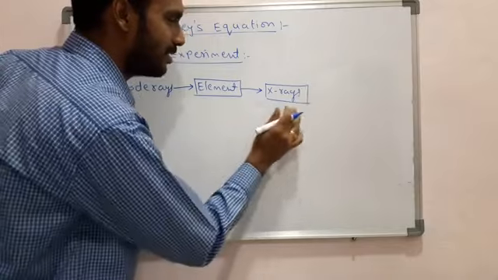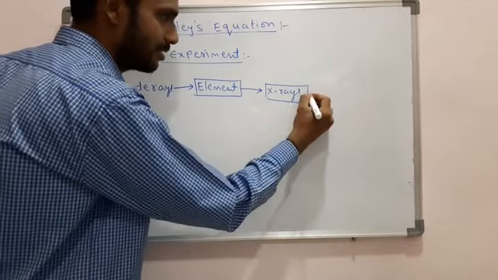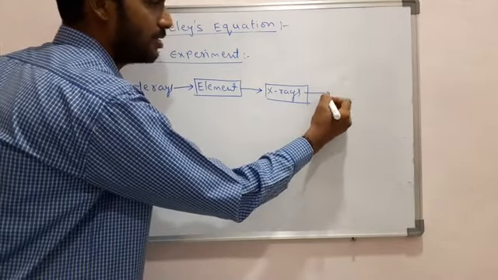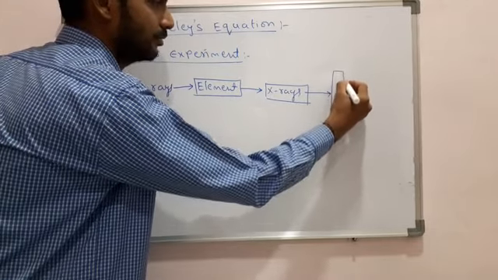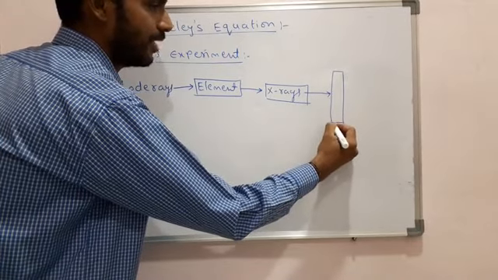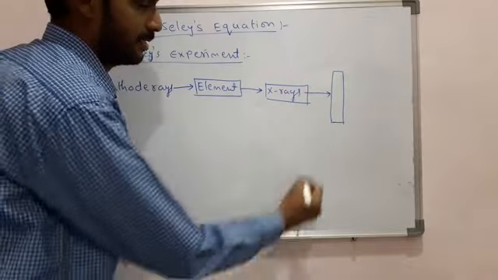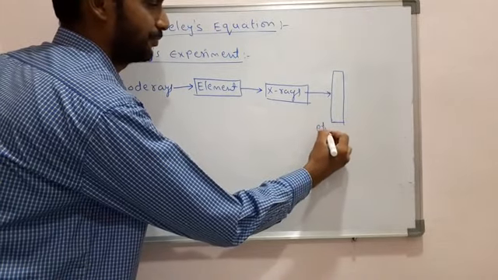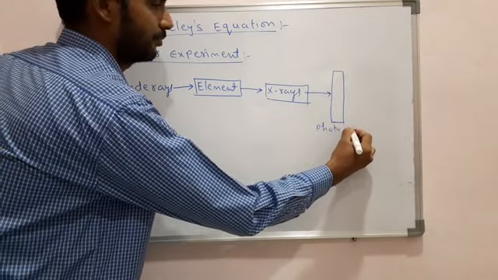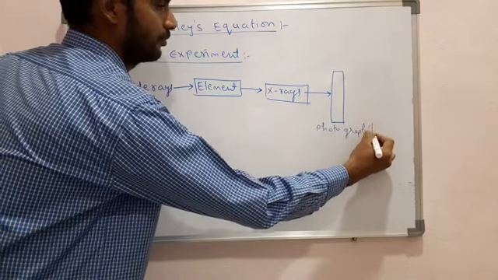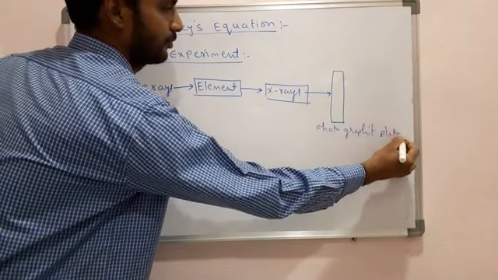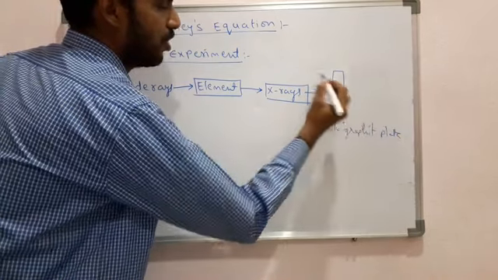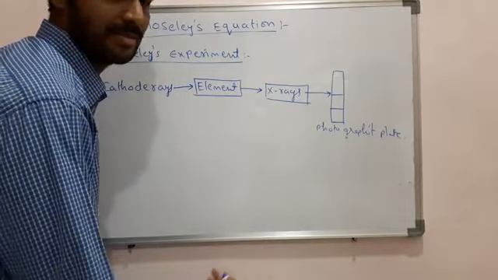The X-rays emitted by the elements are passed onto a photographic plate, and a formation of some lines takes place.